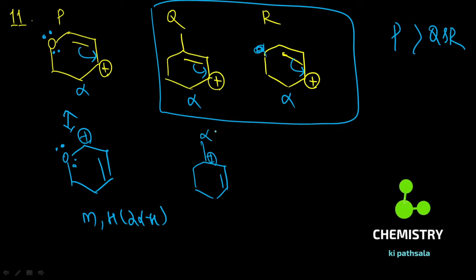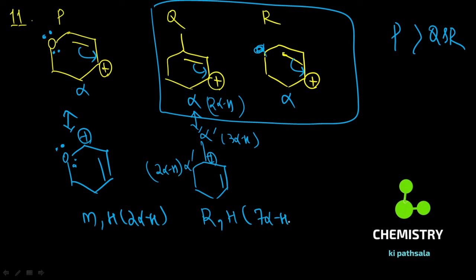That means your new alpha hydrogens are like this. How many alpha hydrogens are there already? Here there are 2 alpha hydrogens, here 3 alpha hydrogens, here 2 alpha hydrogens. So the total number of alpha hydrogens is 3, 5, 7. So it is stabilized by resonance, and 7 alpha hydrogens are there.